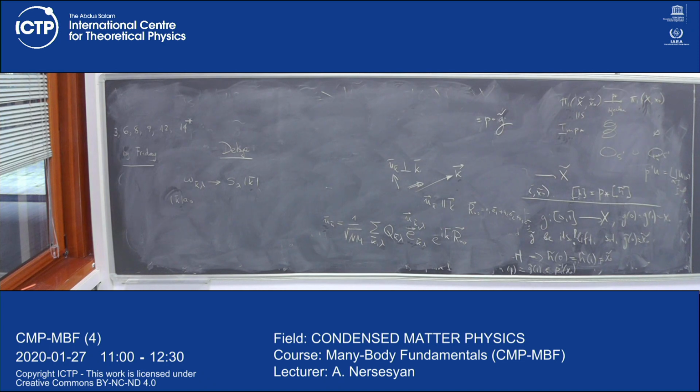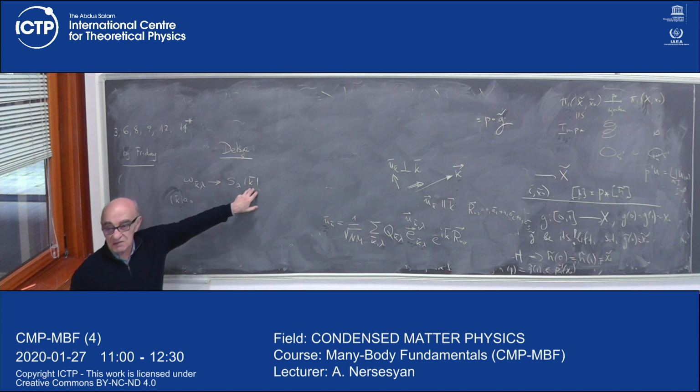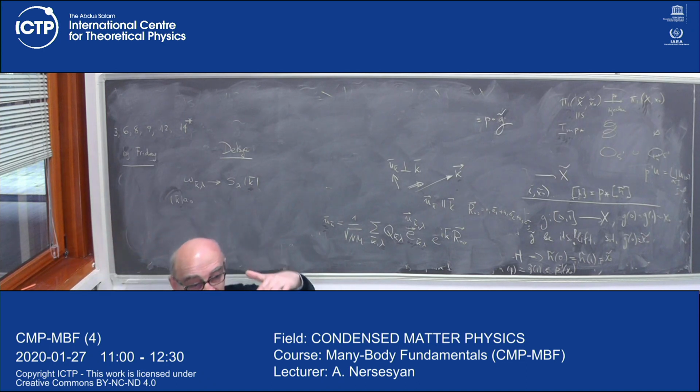But when you reach the boundary, the surface of this Brillouin zone, of course, this frequency will display strong deviations from linearity, will curve, and reach its maximum value. Because this has to be a periodic function, therefore it cannot be a monotonously increasing linear function.